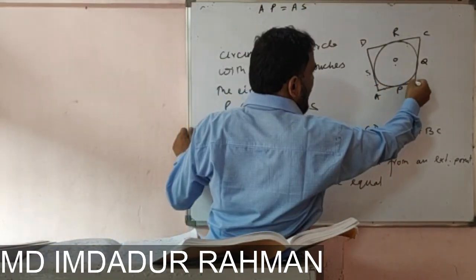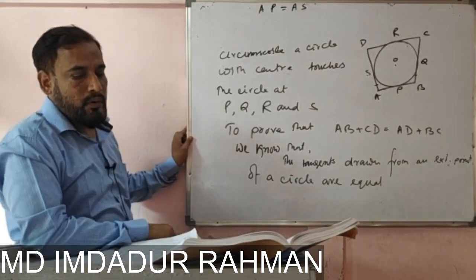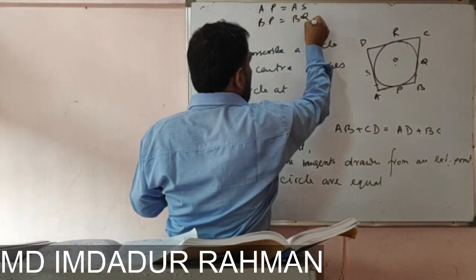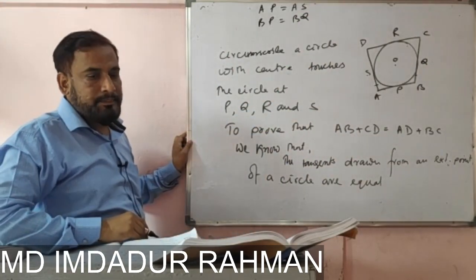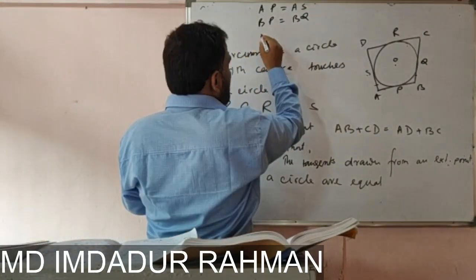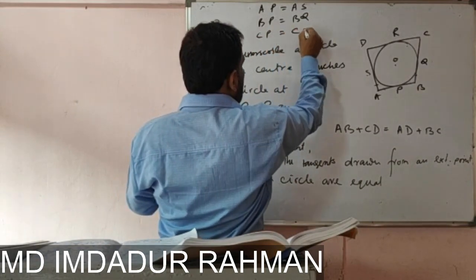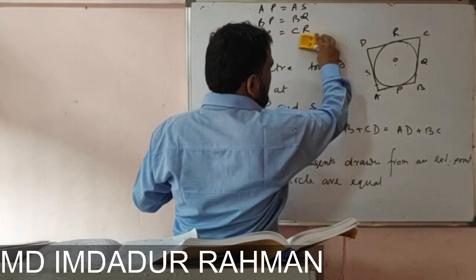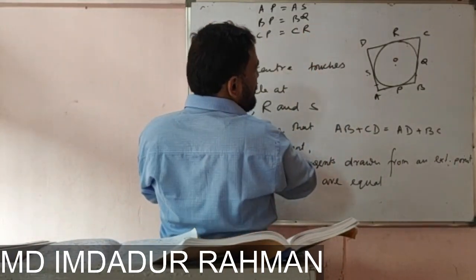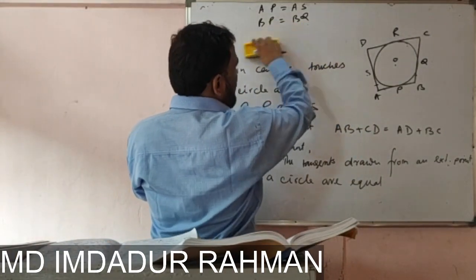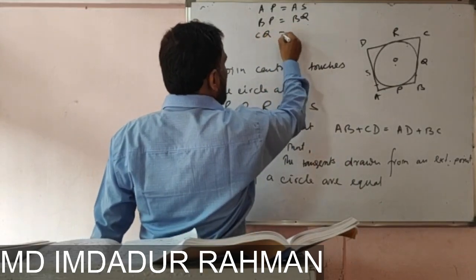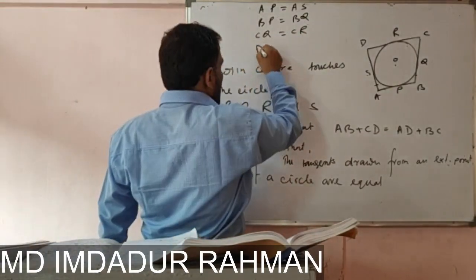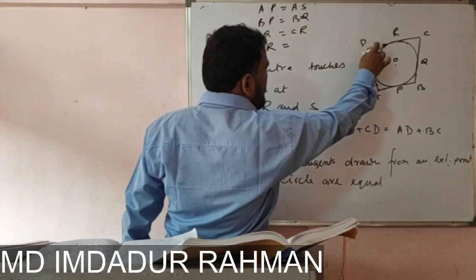Like this, BP is equal to BQ. CQ is equal to CR, and DR is equal to what?